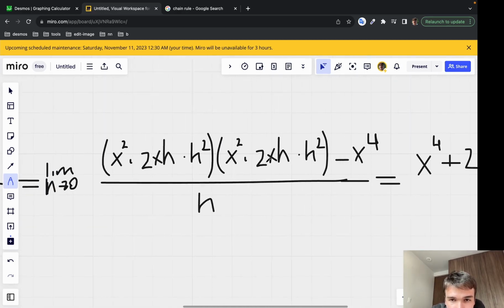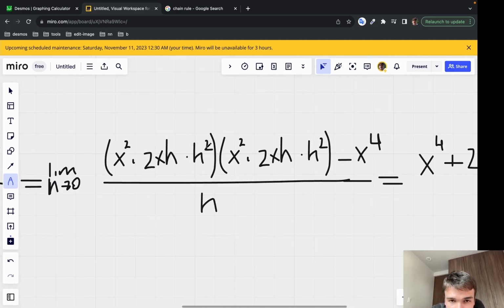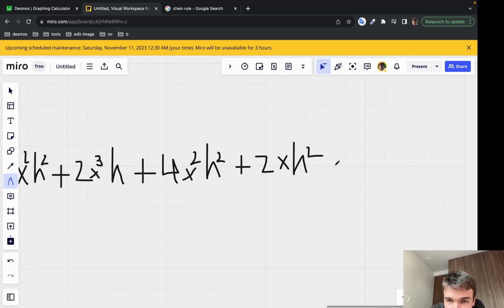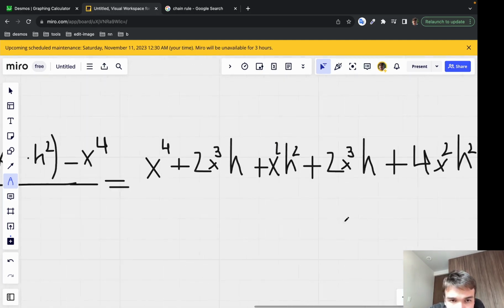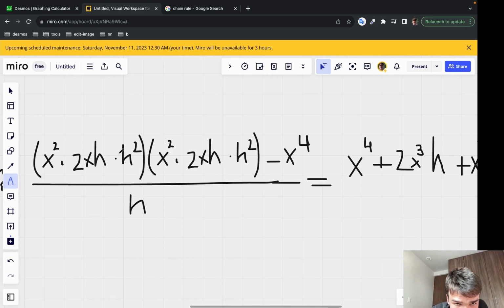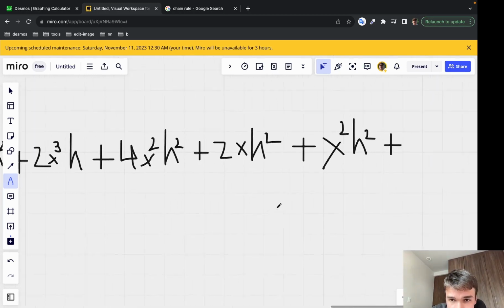Okay. So now we're almost done. Now we need to multiply h squared on the x squared. So we're going to result in x squared h squared. So plus x squared h squared, and then plus h squared on 2xh, which is going to result in 2xh squared.